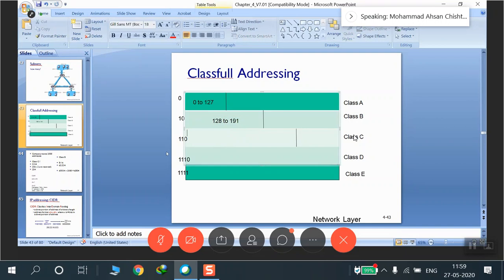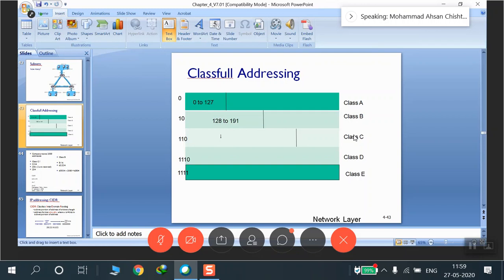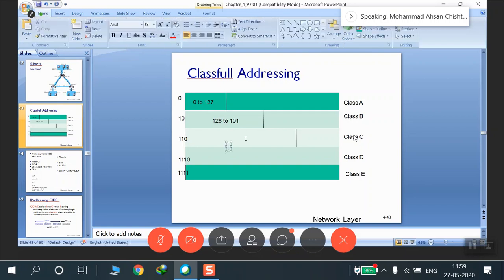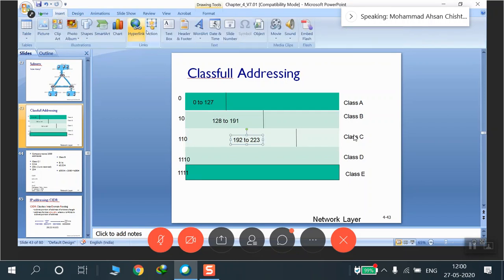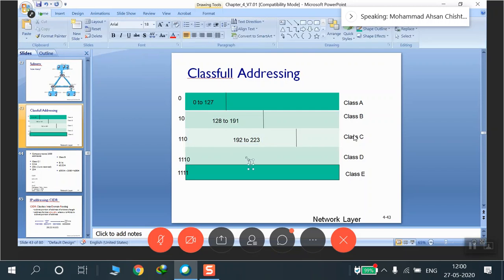And the third one that we have here, class C, if it's from 192 to 223, class C. The fourth one that we have is class D, 224 to 239, reserved for multicast addresses.